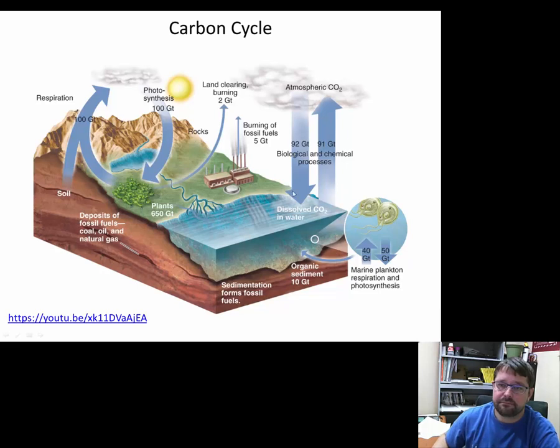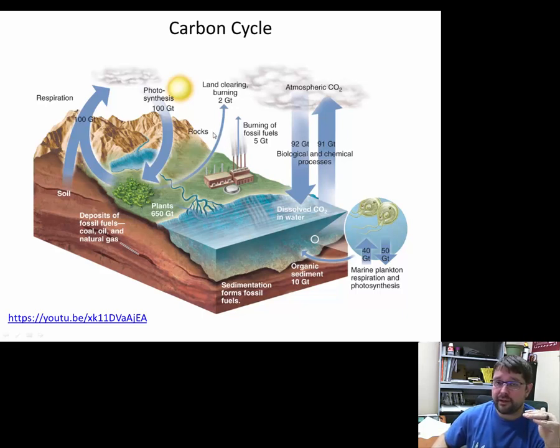Again, we're looking at atmospheric CO2 and its effect on the planet, but besides that, we can look at the role that carbon plays. The carbon cycle is extremely important because all living things are made of carbon.